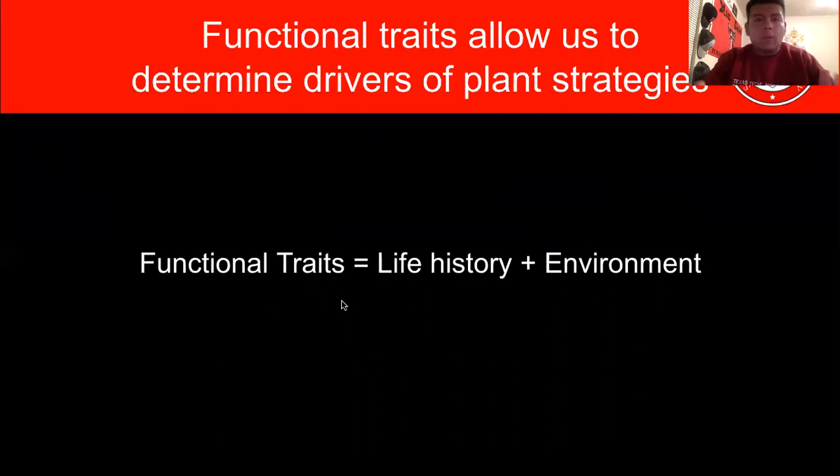In this project, I hope to see how functional traits can allow us to determine the drivers of plant strategies, those two being defined by either life history traits or environmental factors.